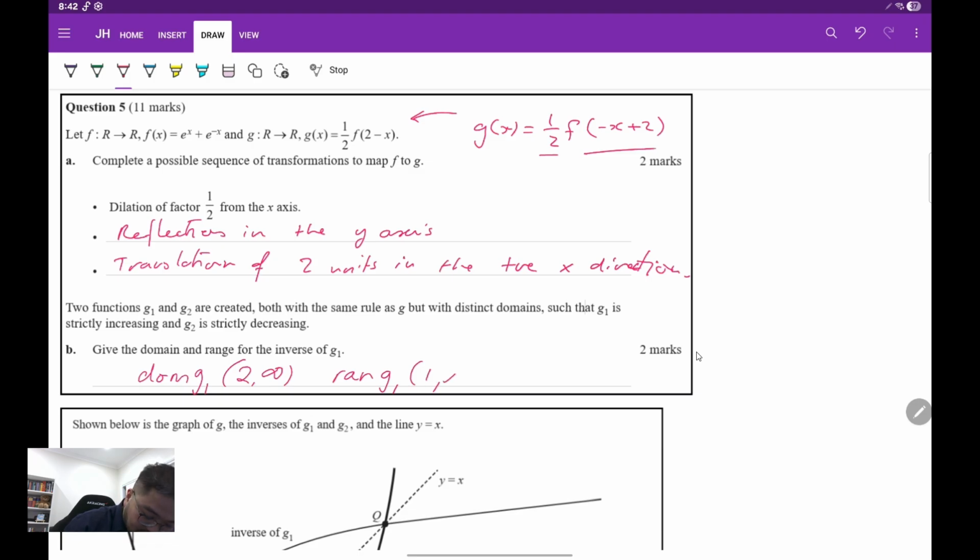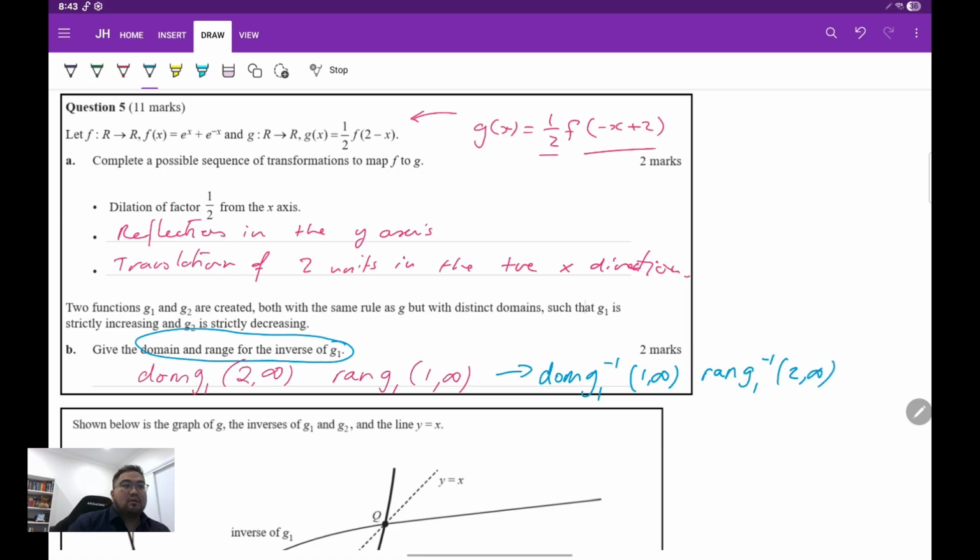It was from 1 to infinity. But it's asking us for the domain and range for the inverse. So we just need to make sure we swap it around. So the domain of g1 inverse is 1 to infinity, and the range of g1 inverse is 2 to infinity.